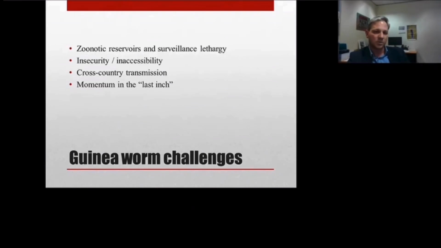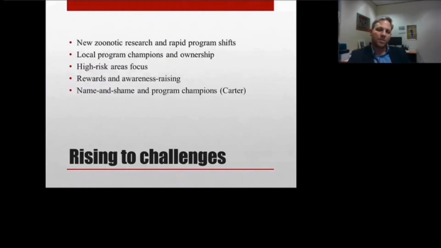So digging wells in those last 100 or so villages that are most at risk. They've also had a name and shame, much like the Independent Monitoring Board for polio, and they've had program champions like President Carter.